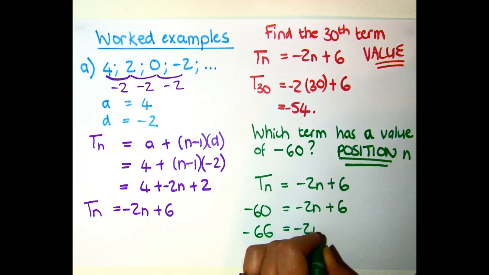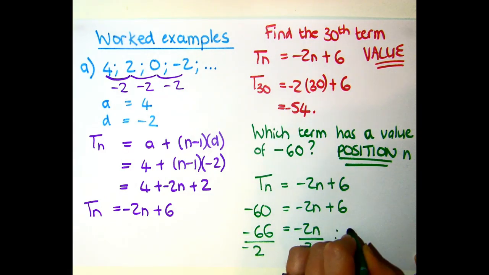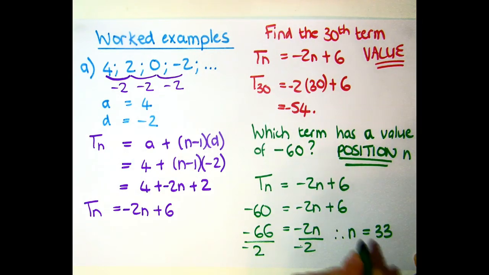That gives me negative 2n. I'm dividing both sides by negative 2 to balance the equation. And what I end up with is n equals 33. So what does that mean? That means that T33, that's the position, its value is negative 60.